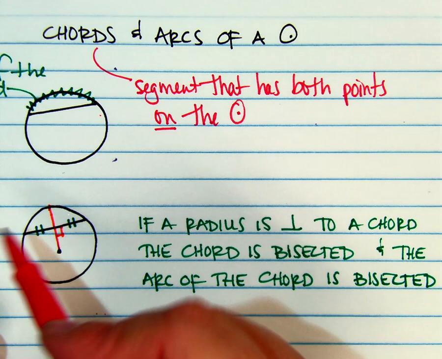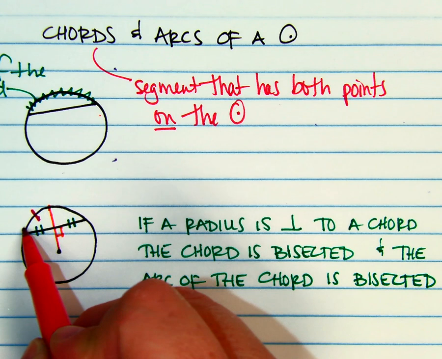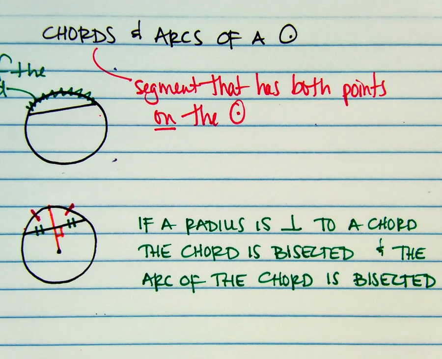So that means also that this little piece of the chord is congruent to that little piece of the chord.